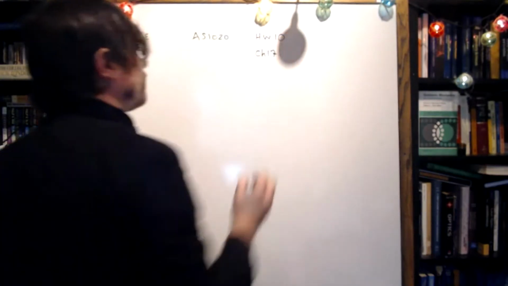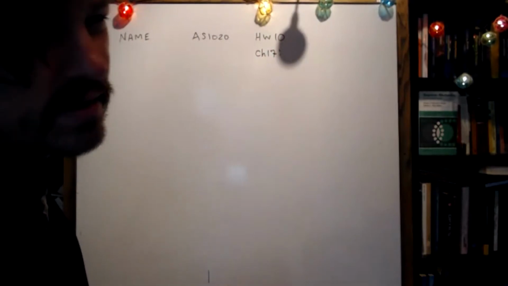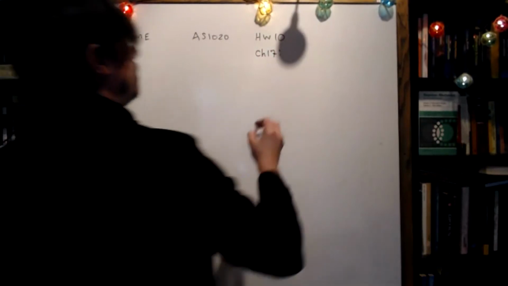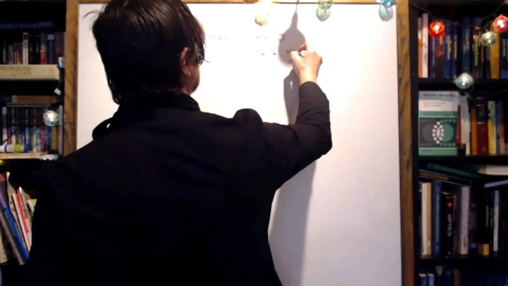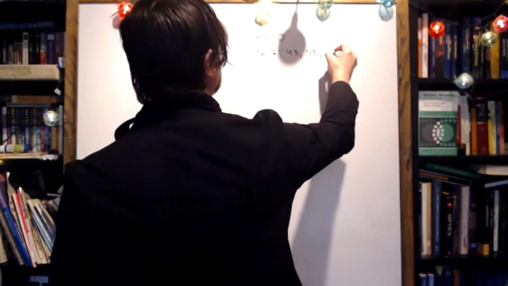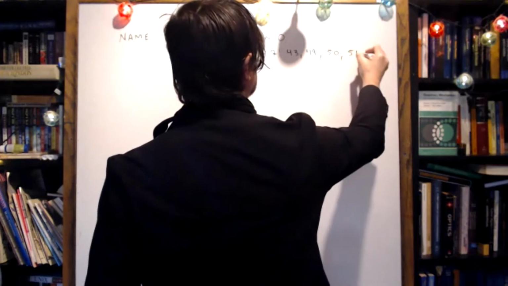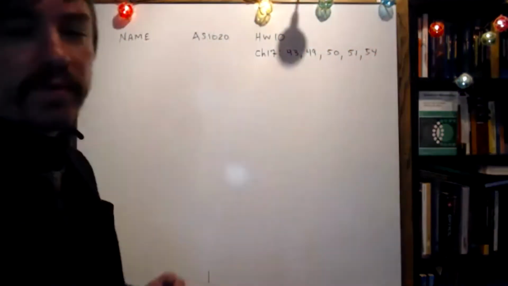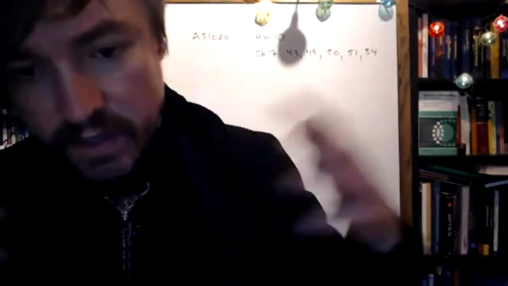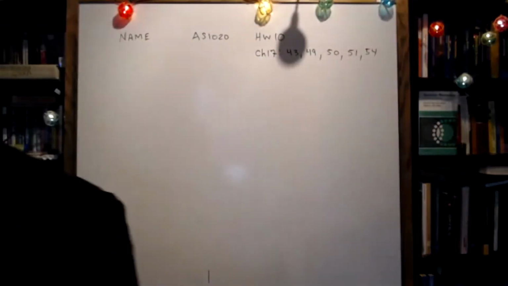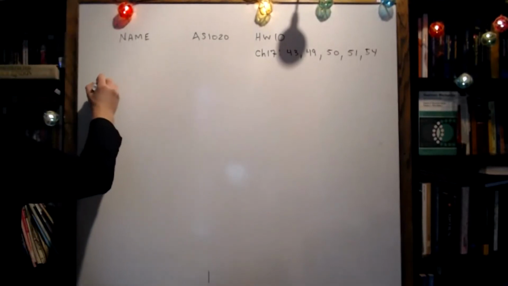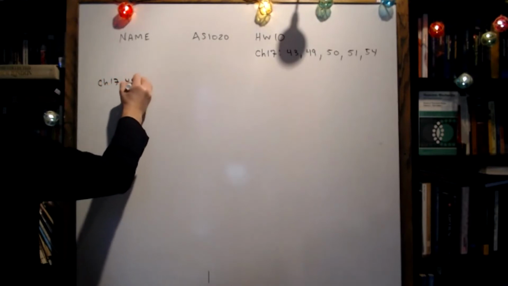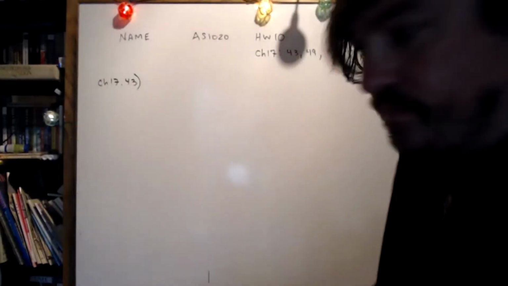It's chapter 17 problems: 43, 49, 50, 51, and 54. From what I remember, guys, this homework is actually relatively straightforward and quick. All right. So, Christopher, are you down to give us chapter 17, 43? Read that out. Number 43, right? Yeah. Okay.